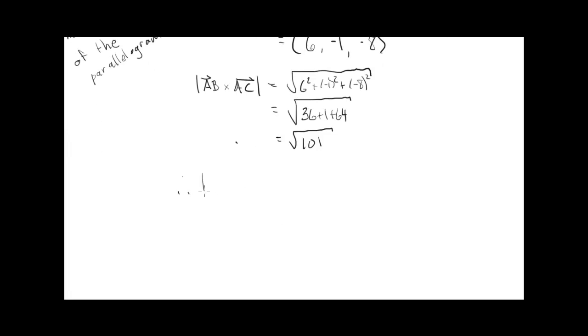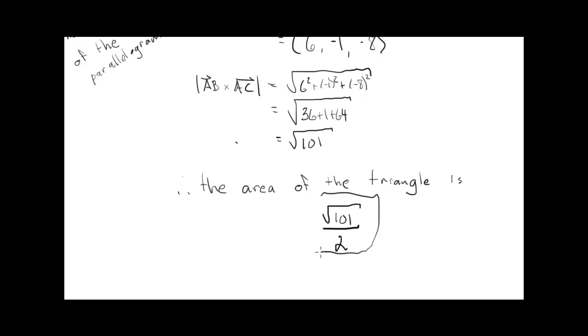Therefore, it is square root 101 divided by 2, which if you want you could get as a decimal. Okay, so that's how you get the area of a triangle from the area of a parallelogram, which you can get from the cross product.